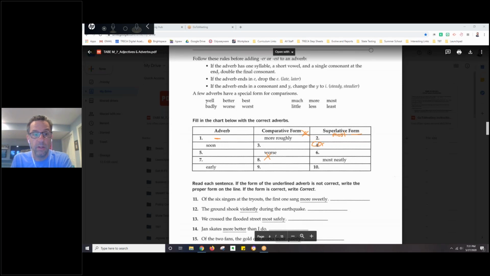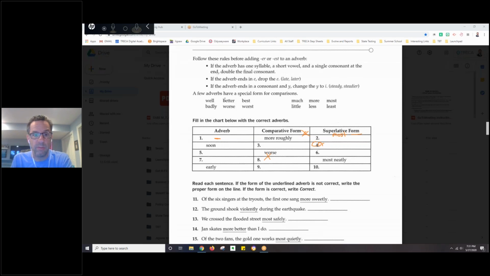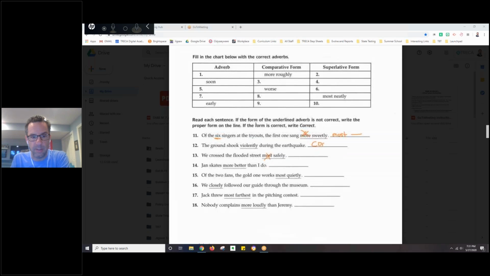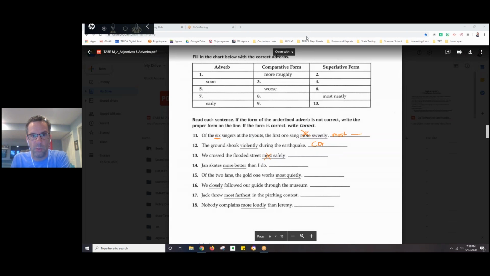So well is just plain adverb. Better is comparative form. So better is when you're comparing two things. So you're comparing yourself and Jan. So better is the middle. That's the comparative form. So that's why this one would be incorrect, because you don't need the word more. It would just be better. Jan skates better than I do. You don't need more. It's an extra word.